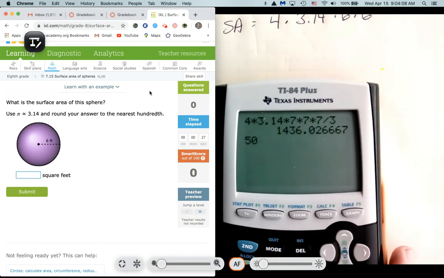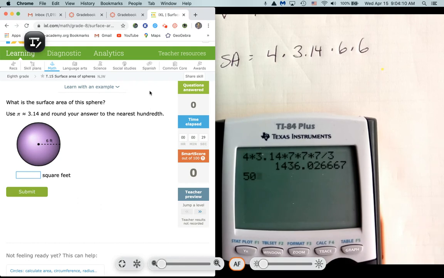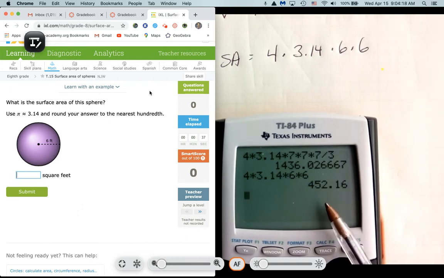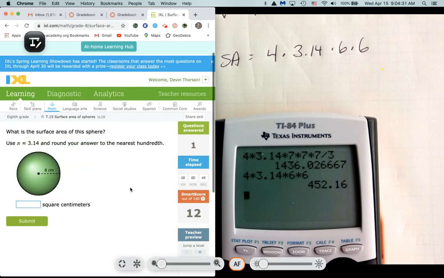I grab my calculator and go 4 times 3.14 times 6 times 6, and I get 452.16. It's already to 2 decimal places, so I type in 452.16 and hit submit, and I get my answer.